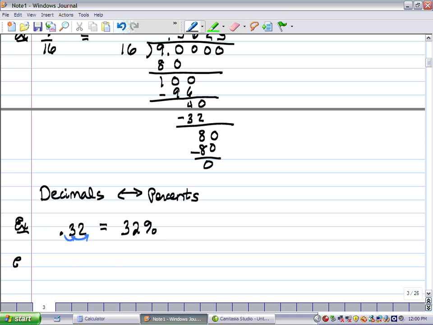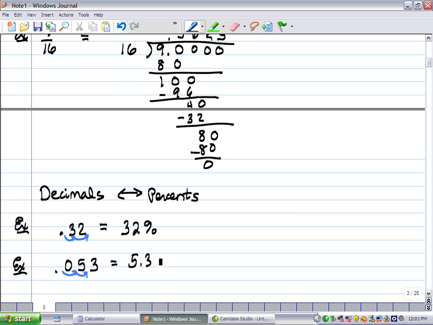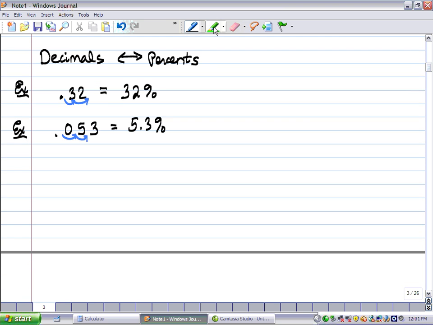If I had, for example, 0.053 and I want to change that to a percent, I've got to move the decimal 2 places to the right, and I'll have 5.3%. Notice if the decimal's at the very end, I didn't have to actually write the decimal point.